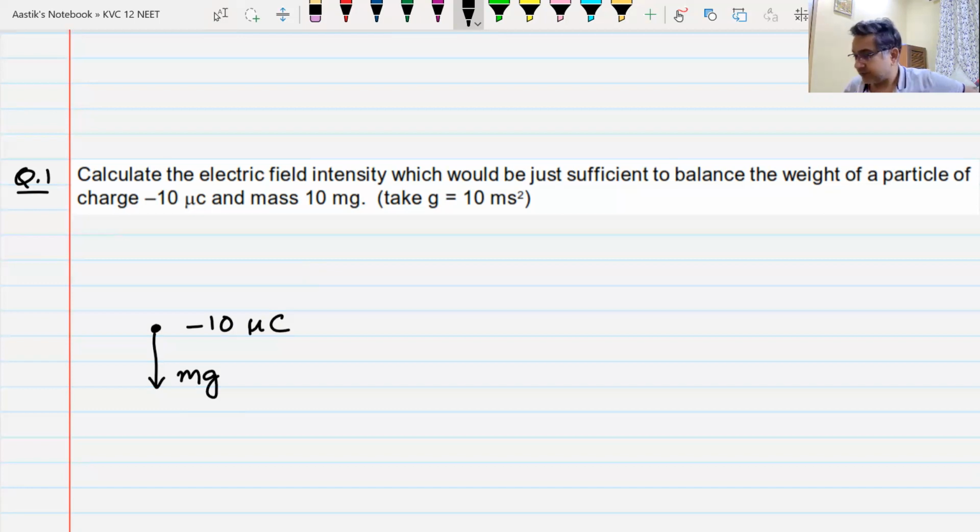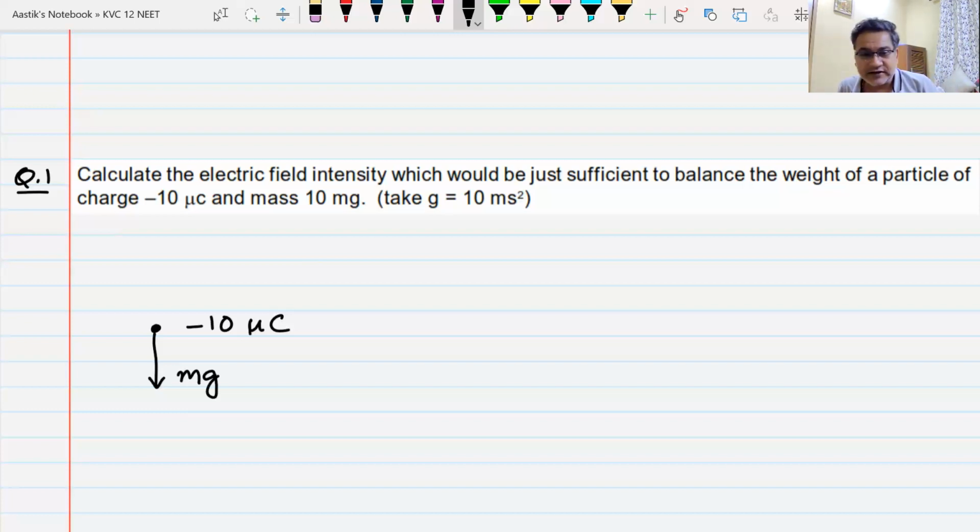It is a negative charge, remember, my dear friends. Upward, downward, leftward, rightward. In which direction should I apply electric field? Don't know? Well, then find it out and tell me the answer in the next class when we meet.